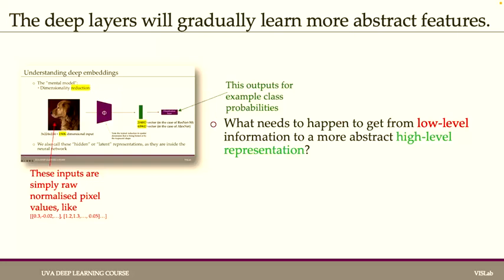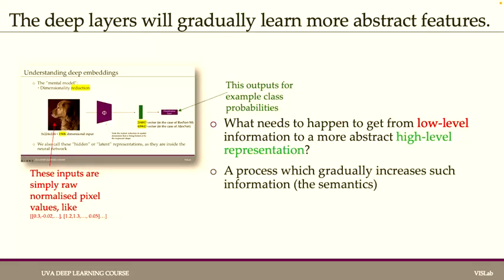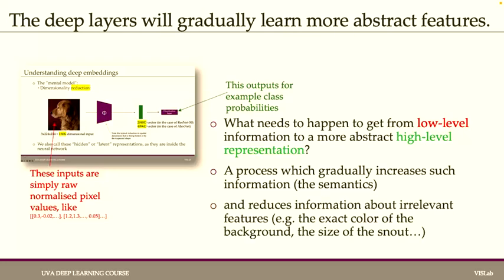And by high level, you can replace that word with more abstract or more semantic. Semantic basically means it has more meaning. So all of these words typically get used in the same manner. Yeah, as I write here. So what we need is basically a process which goes from all the way to the left to the right, which gradually increases such information.